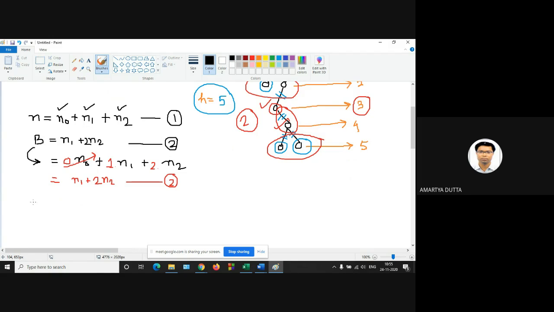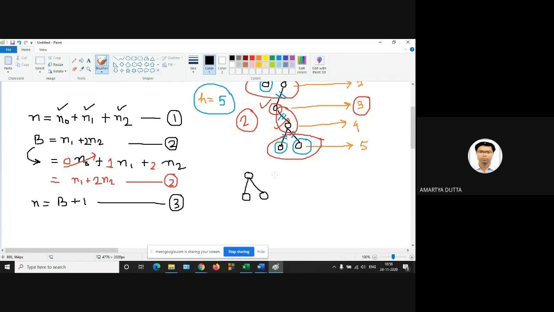Now again we can write n is equal to b plus 1. Can I write that? The total number of nodes is equal to the number of branches plus 1. Is it true? Because suppose this is the simplest form of a binary tree.